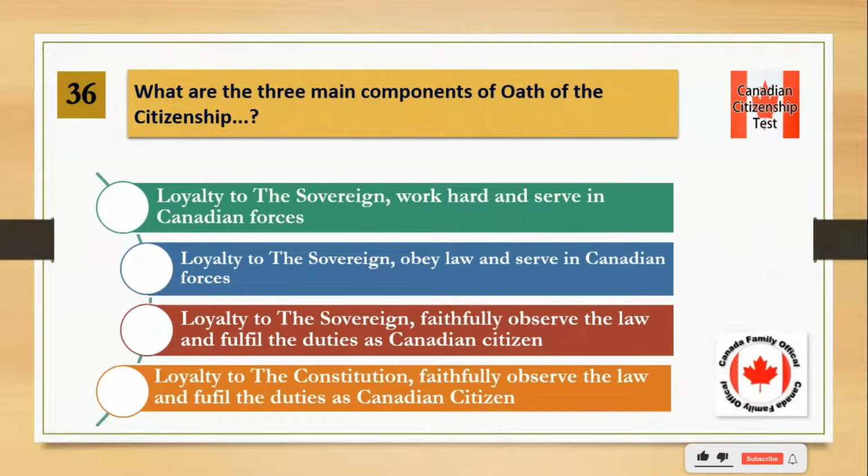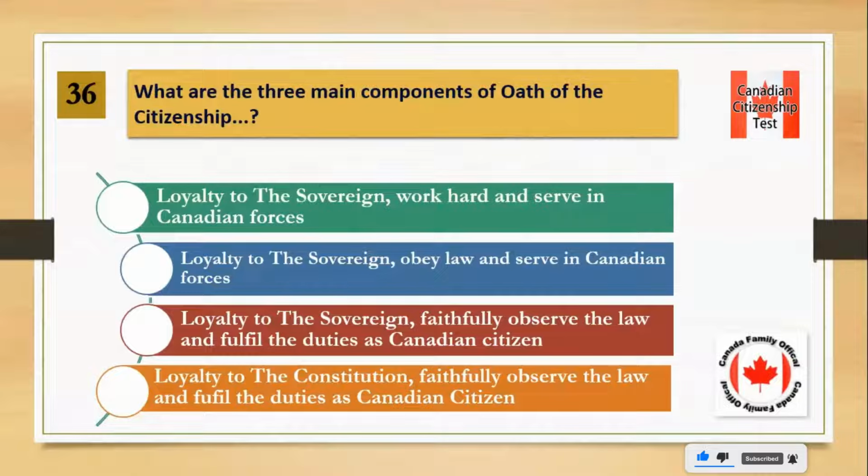What are the 3 main components of the Oath of Citizenship? Number 1, loyalty to the sovereign, work hard and serve in Canadian forces. Number 2, loyalty to the sovereign, obey the law and serve in Canadian forces.